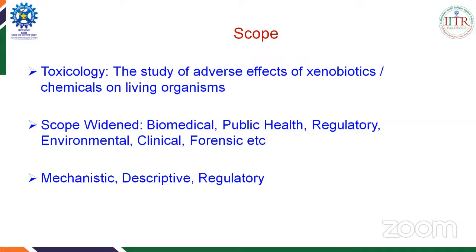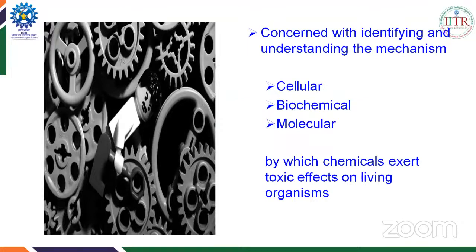Broadly, when we talk about any item which might act as a toxin, there are three major categorizations under which it is studied. The first one is the mechanistic aspects of it: how exactly that particular item under study is going to bring about its harmful, toxic effect.